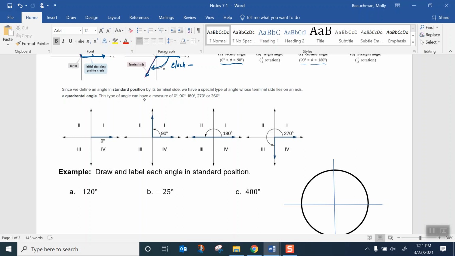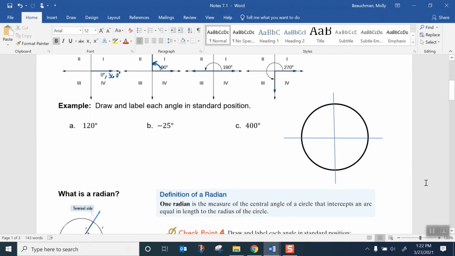So this type of angle can have a measure of 0 degrees, 90 degrees, 180 degrees, 270 degrees, or if you go all the way around, 360 degrees, and that would be the same as 0. So if the terminal side is along the x or y axis, it's called a quadrantal angle.